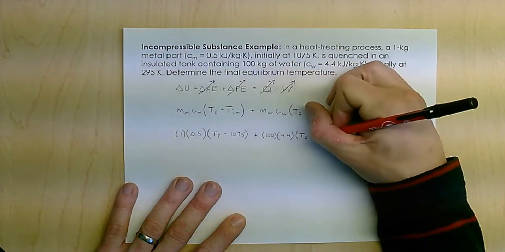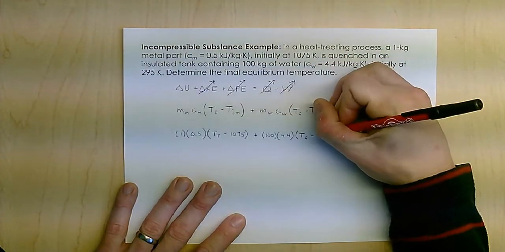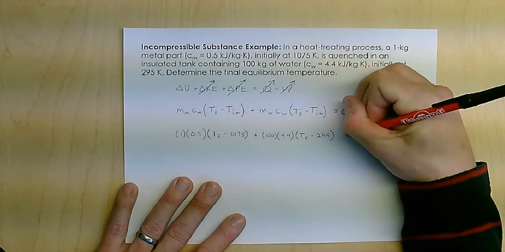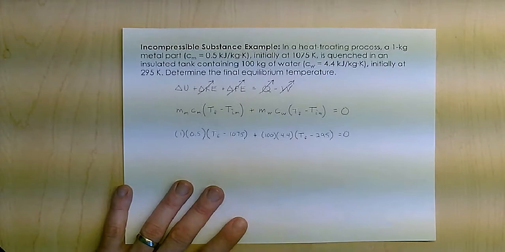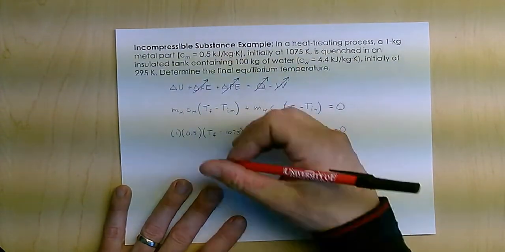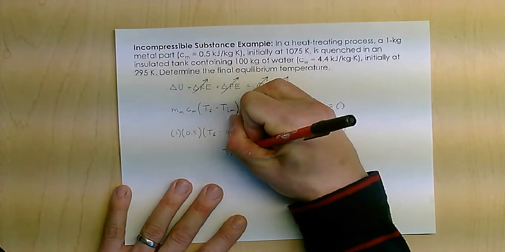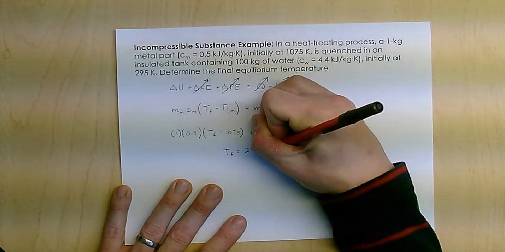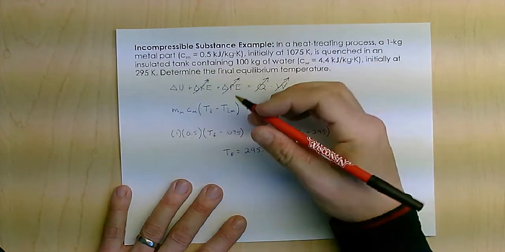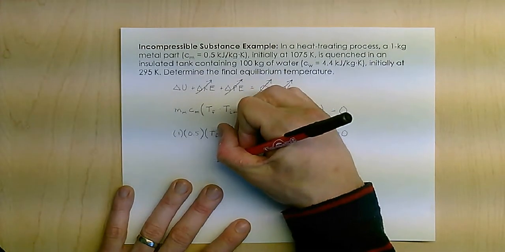T final minus T initial, which is 295. That equals 0. So through the magic of algebra, I can solve for T final, and I find T final equals 295.5 Kelvin.